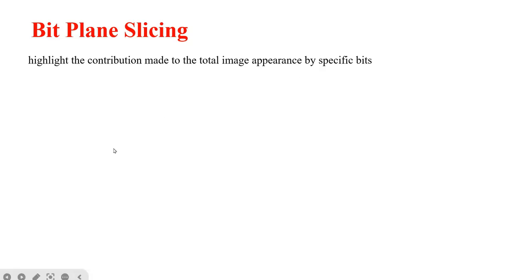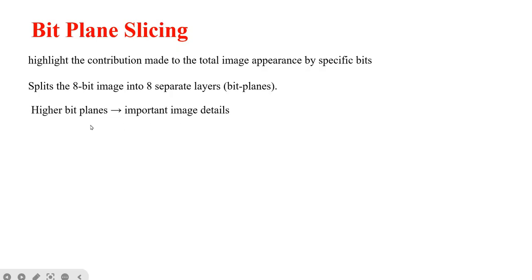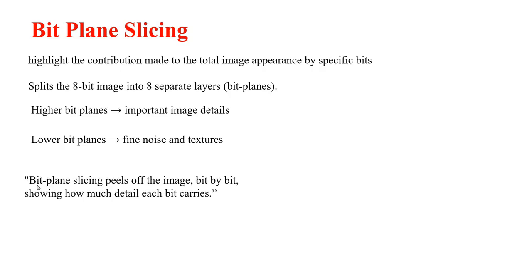That is, we will split the 8-bit image into 8 separate layers called bit planes, and the higher bit planes will have the important image details, and the lower bit planes will have the fine noise and textures. So bit plane slicing peels off the image bit by bit, and shows how much detail each bit carries.